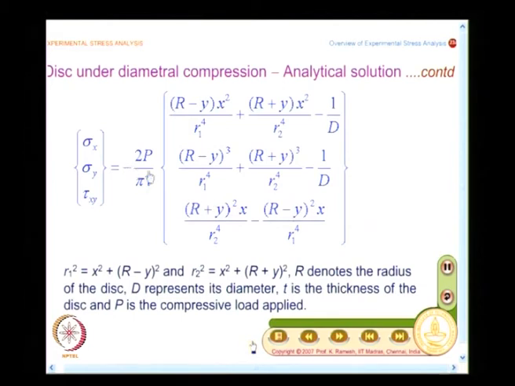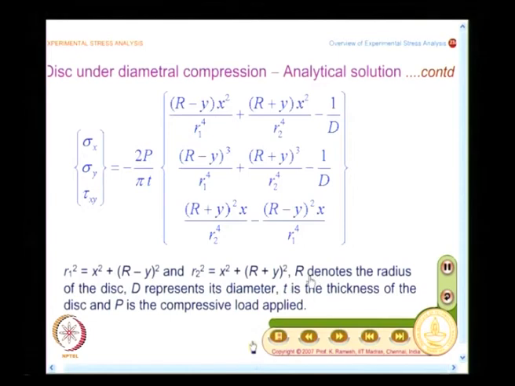You have sigma x as the term (r minus y) x squared divided by r1 power 4, and r1 is defined as r1 squared equal to x squared plus (r minus y) whole squared, and the second term is (r plus y) x squared divided by r2 power 4, and r2 squared is defined as x squared plus (r plus y) squared.